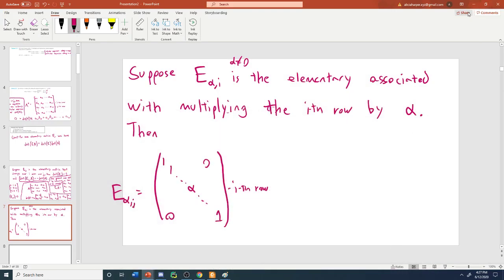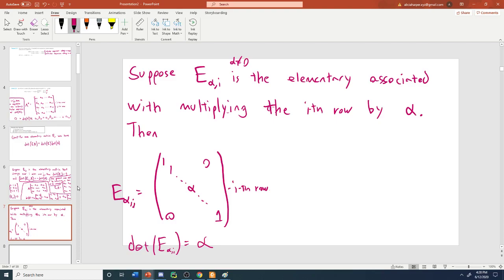I proved that for you guys last time. And as a consequence, we see that because this is a triangular matrix, the determinant of E alpha i is simply equal to the product of everything along the diagonal, which in this case is just equal to alpha.